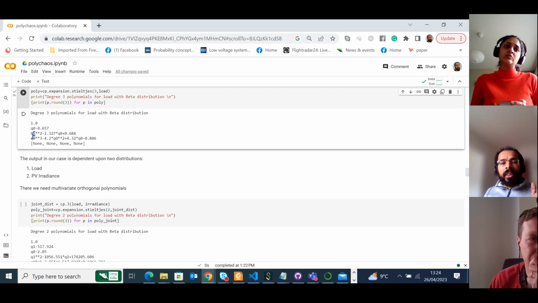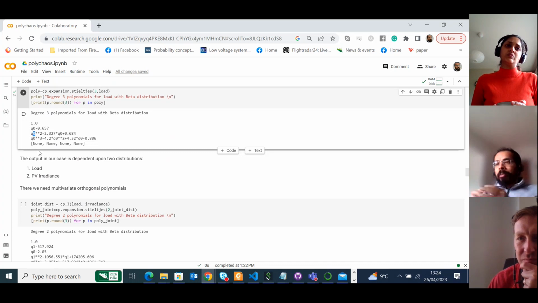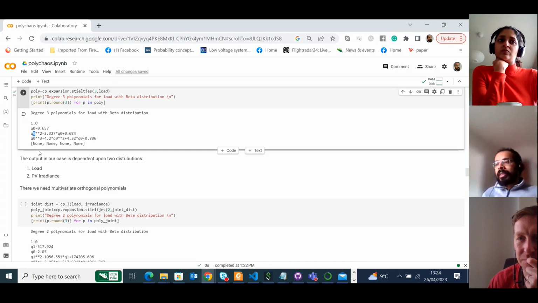It's a polynomial, so you only have X in it. But if you have irradiance, let's say represented by Q1 or Y, then you will have the term XY in your polynomial, because now you are multiplying two terms, so there is a relationship.